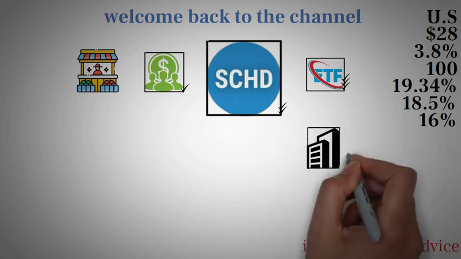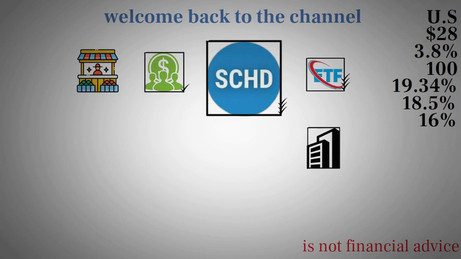In terms of the companies themselves, SCHD includes major well-known names like Bristol-Myers Squibb, Cisco, ConocoPhillips, PepsiCo, Lockheed Martin, Coca-Cola, and Verizon. These are large, financially strong companies with proven track records, which helps reduce the overall investment risk.